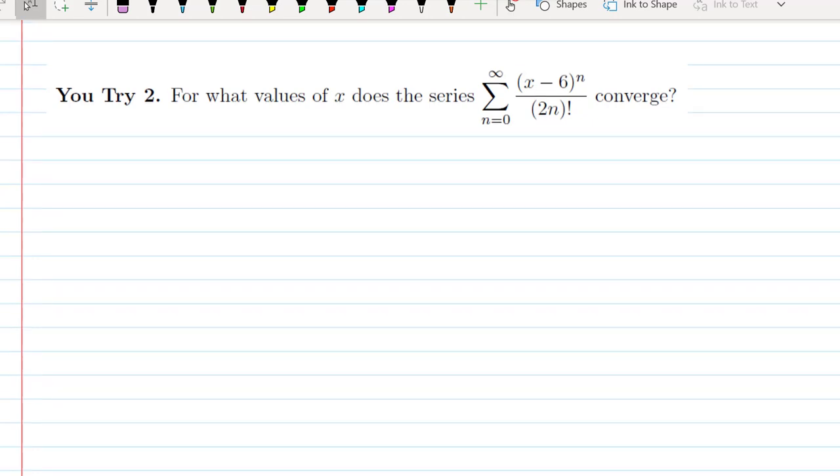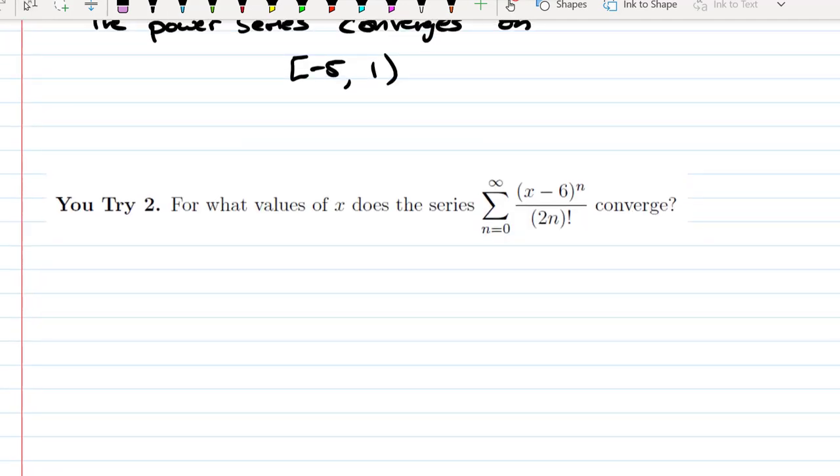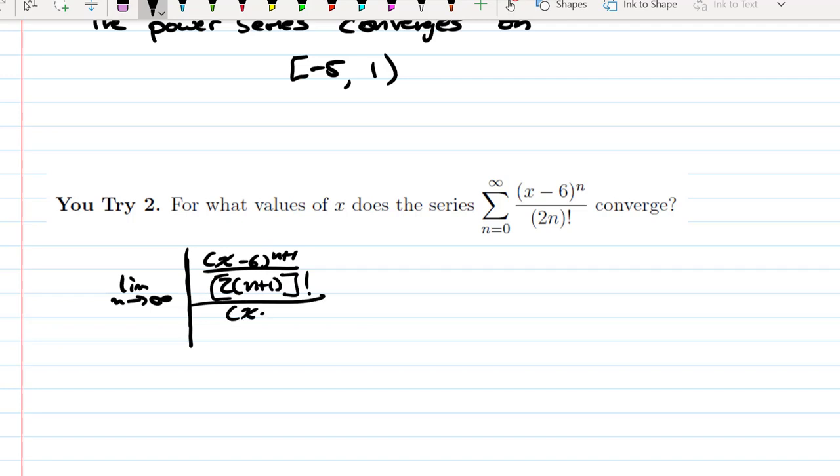All right, so if we use the ratio test, we're going to take the limit as n goes to infinity of the absolute value of (x minus 6)^(n+1) over (2(n+1))! all over (x minus 6)^n over (2n)!.